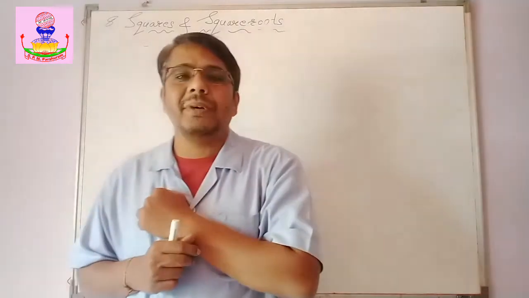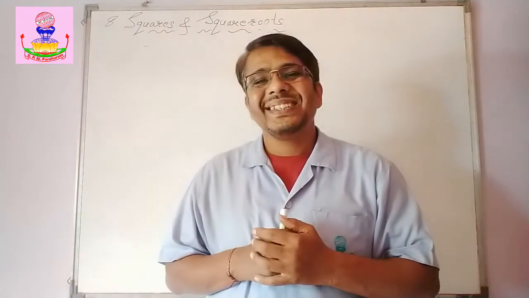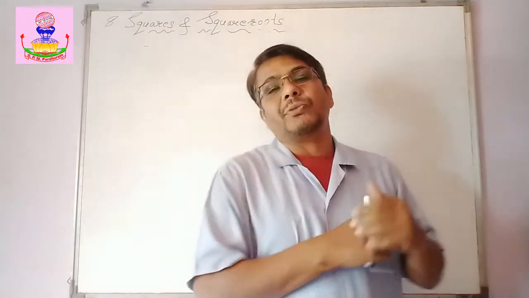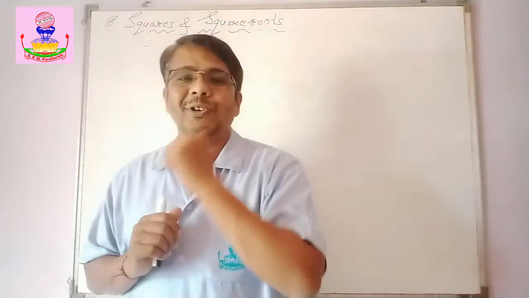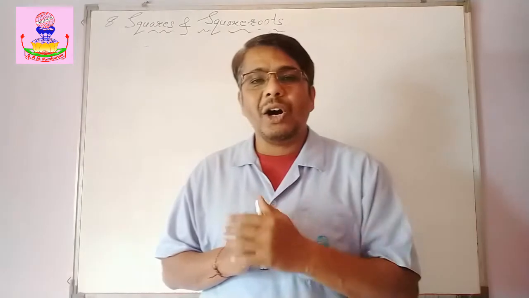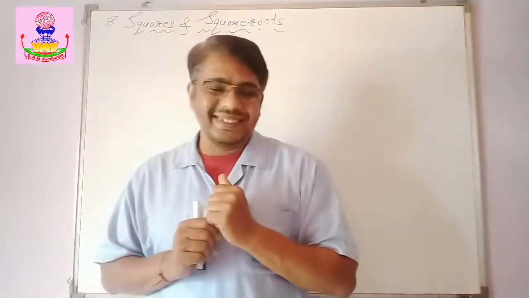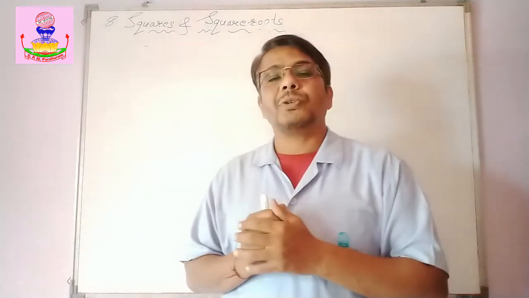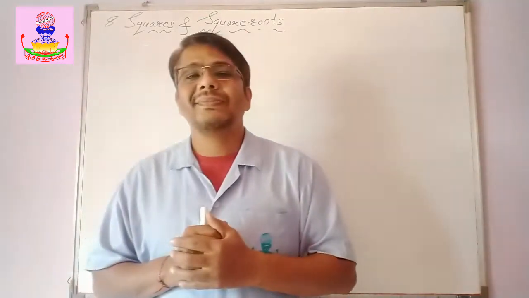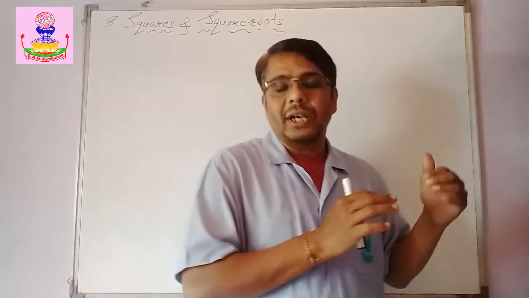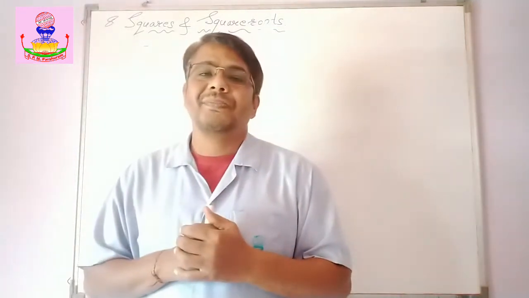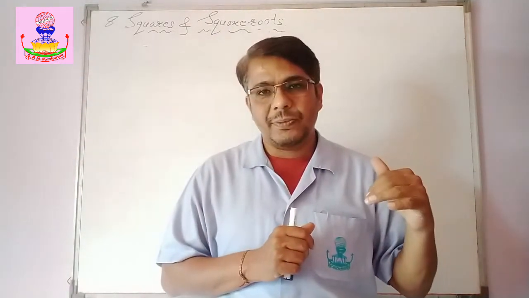If in the units place of the square of a number there is 4, then in the units place of the square root of the number what can it be? 2 2s are 4, so either 2, or 8, since 8 8s are 64. Okay. If in the units place of the square of a number there is 5, then in the units place of the square root it can be 5.